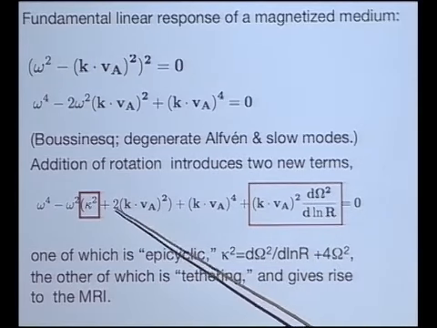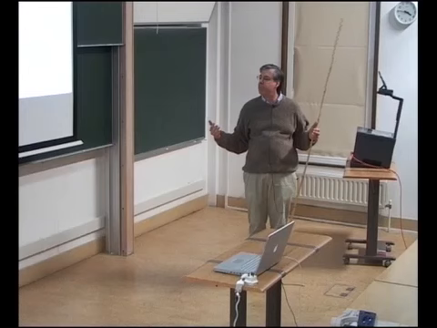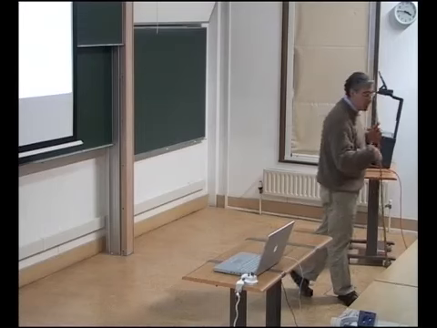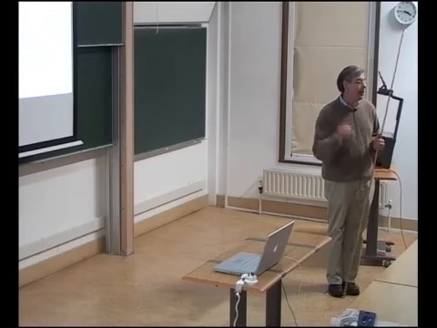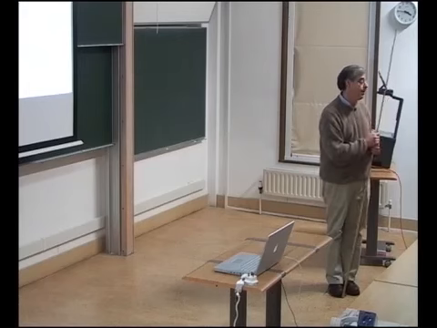Now if I go from this step to the next step, adding rotation to the system, then two terms appear. The first of these is epicyclic. I guess in the fluid community people call that the Rayleigh discriminant. But the epicyclic motion is simply the response of inertial waves.